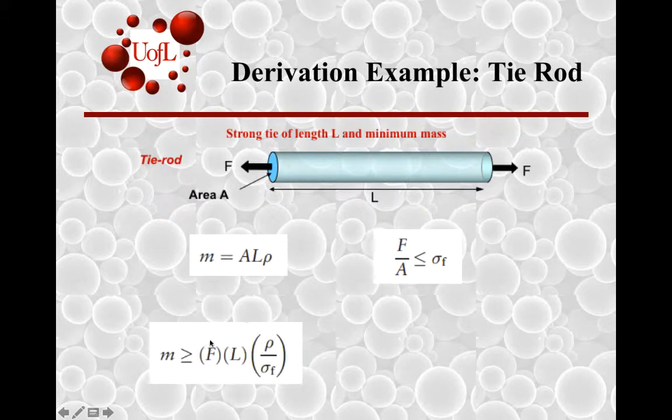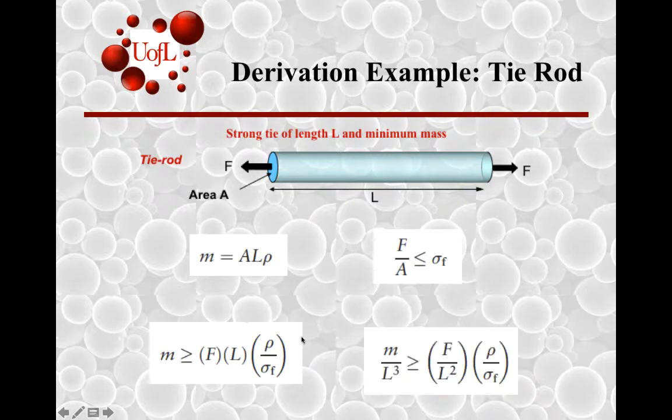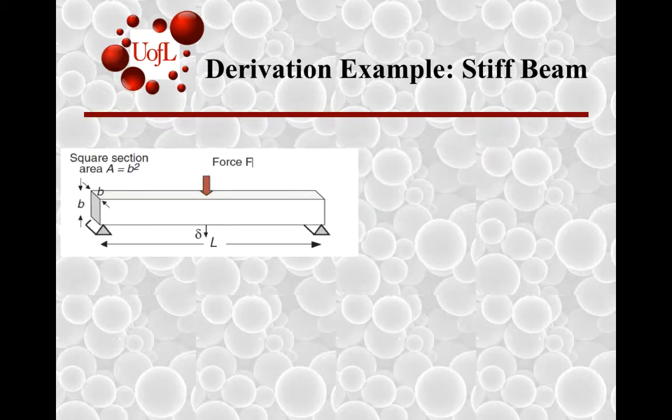And we said, okay, this is a product of the three functions, F times L times rho over sigma F. Alternatively, you could rearrange this term and get a specific mass or a density reduction based on working with these parameters. We had also looked at this type of product of three different equations, one describing the function, another describing the geometry, and the third describing the material index.